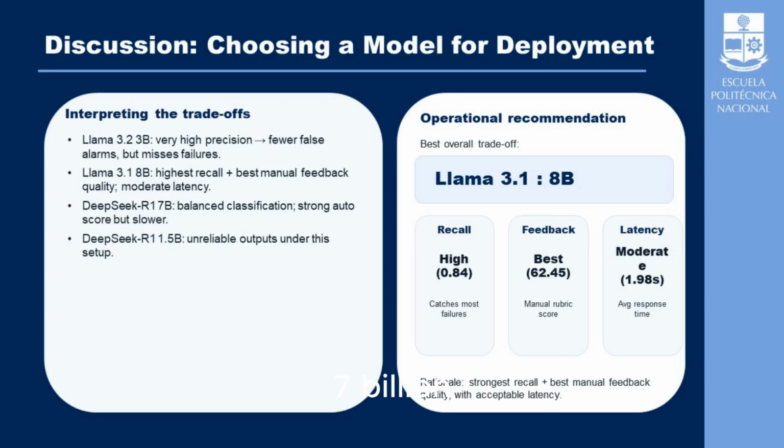DeepSeek R1 with 7 billion parameters is a plausible middle ground on classification and it has the highest automatic feedback score, but it is slower and its manual feedback score is below Llama 3.1, which may matter more for adoption. Therefore, consistent with the authors' conclusion, the recommended model for a reliable validator and reporter agent under this fixed RAG pipeline is Llama 3.1 with 8 billion parameters.